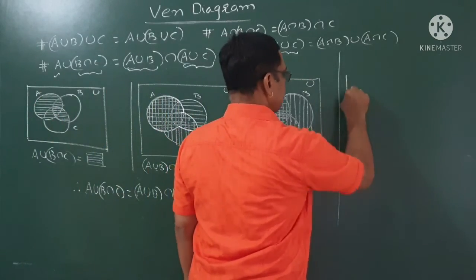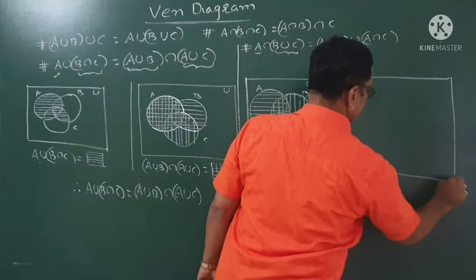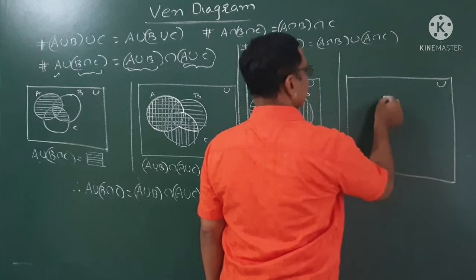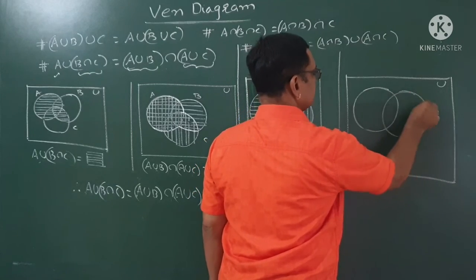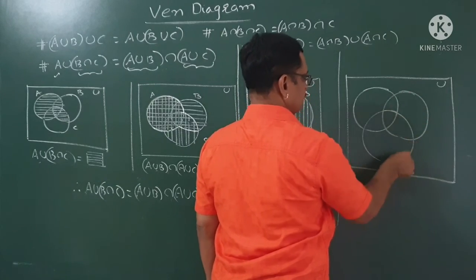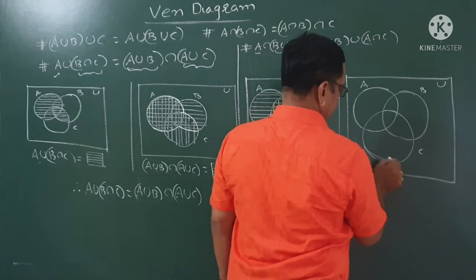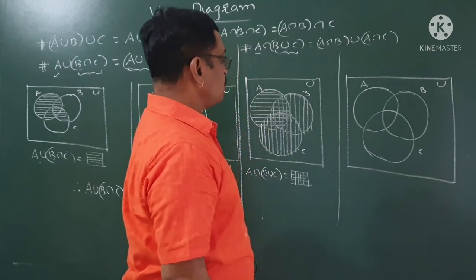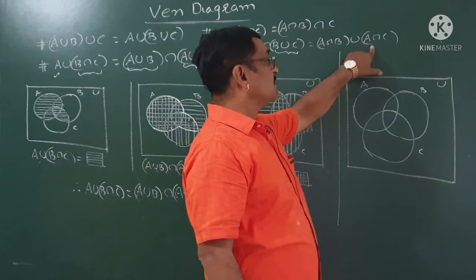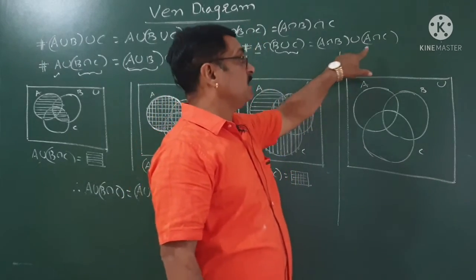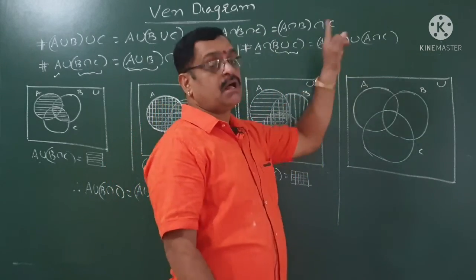Another one. Again, a rectangle, of course, you can use square also, U. Here also again, three overlapping circles, A, B, C. Now, A intersection B is one set. A intersection C is another set. I am applying the operation union on that one.